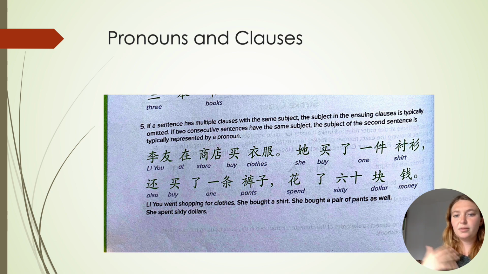We would start using she. Maria went to the store, she bought a loaf of bread, and she went home. So in this example sentence, we have 李优. This is a character, as you should know. 在商店 at the store. 买衣服 buy clothes, or Leo went shopping for clothes.